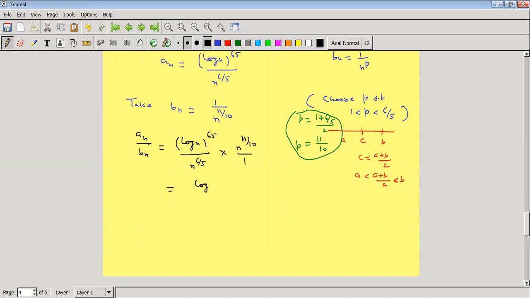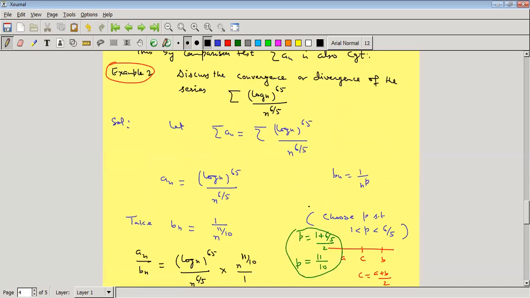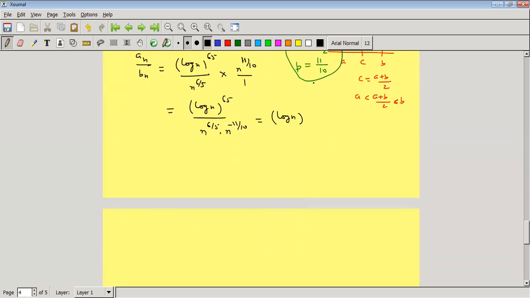So (log n)^65. After solving, what we get? We get n^(6/5) times n^(-11/10), that is (log n)^65 divided by n^(1/10).